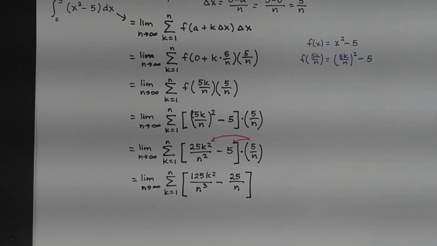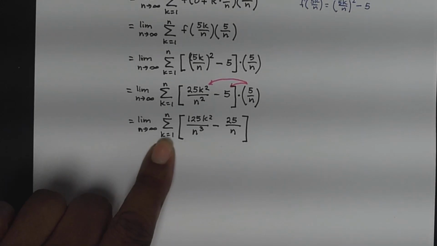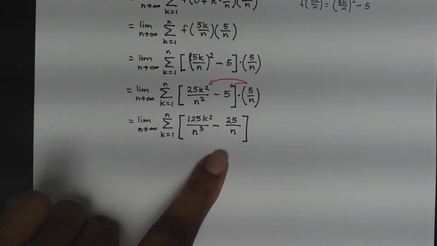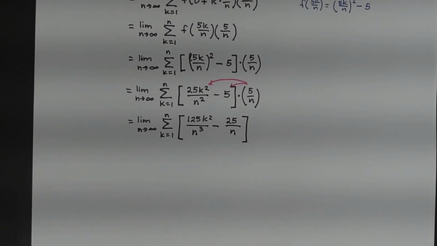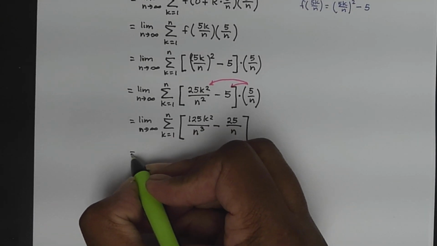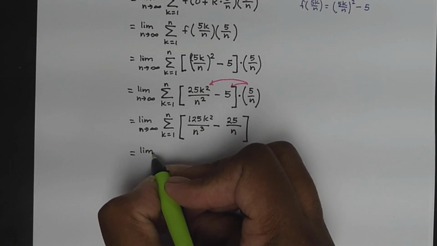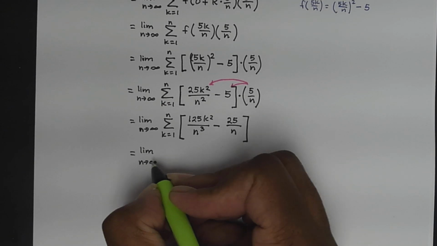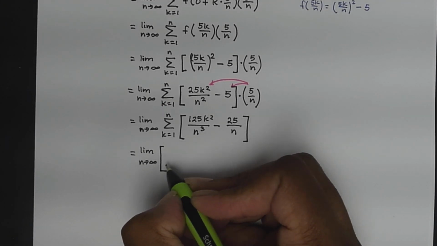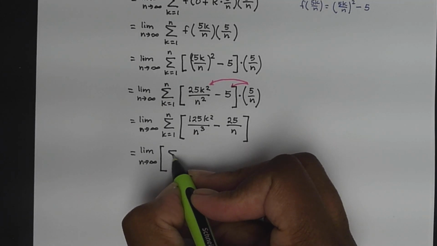Now here's what I'm going to do. Since I have the summation of the difference, I can write this as a difference of their individual summations. So I'm going to bring down the limit as n approaches infinity of, and I'm going to write this as two separate summations.